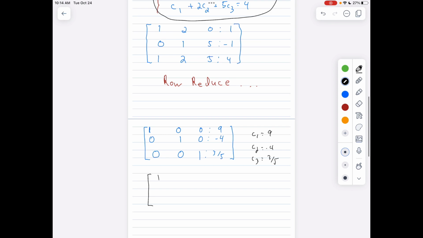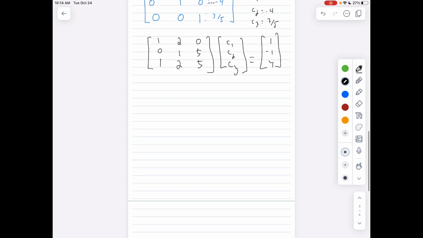So for example, the matrix with columns (1, 0, 1), (2, 1, 2), (0, 5, 5), times (C1, C2, C3), equals (1, -1, 4). What I could have done is see if this matrix is invertible, and if it was, then there would be a solution. It'd be a unique solution.